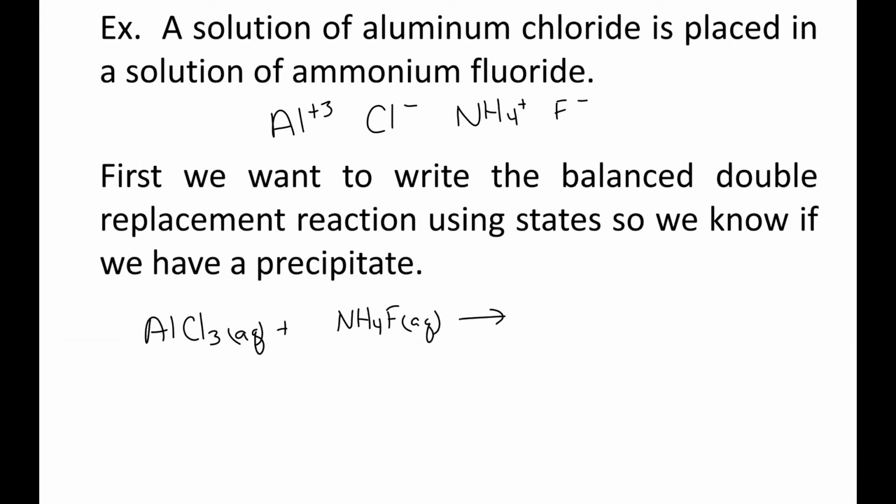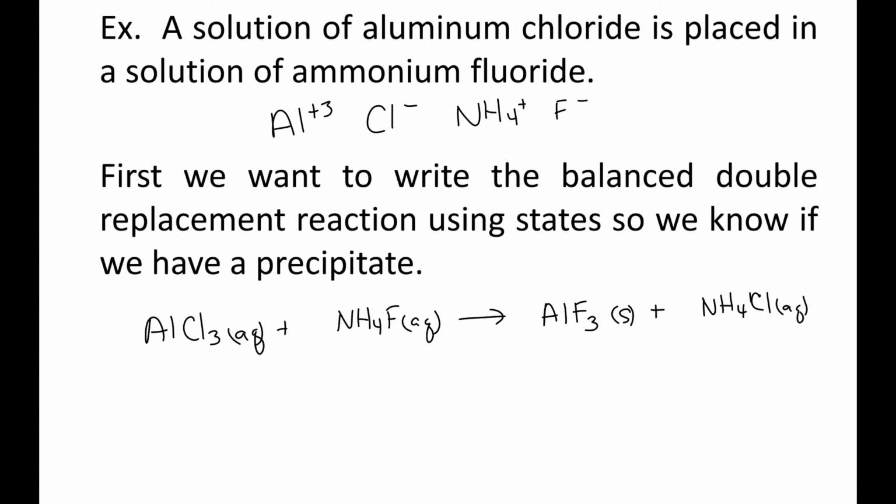Now, what's going to happen is aluminum and ammonium are going to change spots. So we're going to have aluminum fluoride, and when we look that up on our solubility table, oh look, it's a solid. So we know the aluminum fluoride actually precipitates out, so you would get a solid at the bottom. And then you'd have your ammonium chloride, and that's aqueous.